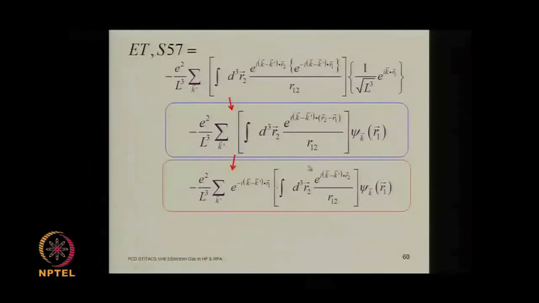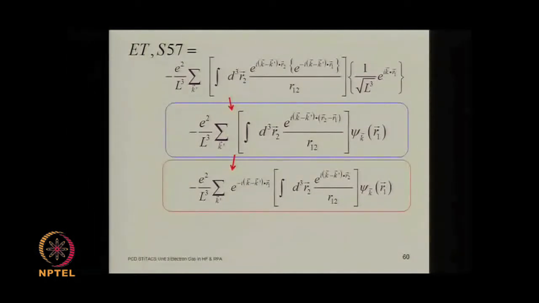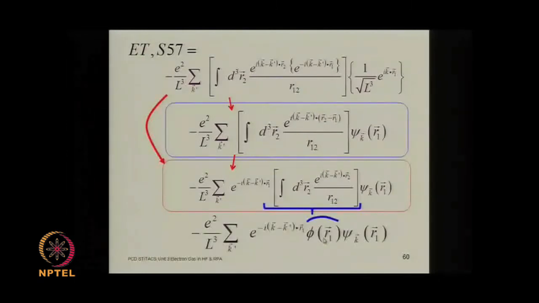So, once you integrate it out, this term in the square bracket will not depend on R2 at all because the R2 variable is integrated out. What will it depend on? It will depend on R1. So, what is inside this square bracket is now a function of R1 alone, and that function is what I call phi of R1, whatever it is.